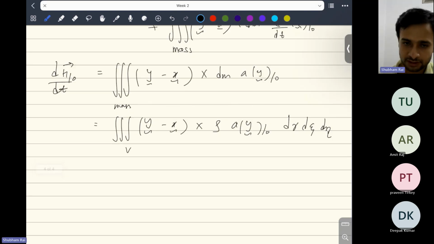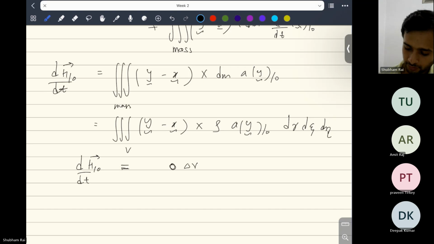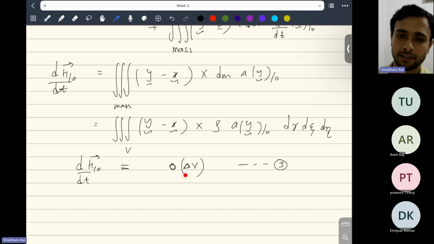If you solve this equation, which was done in the class, you will obtain that this will also be a function of higher order. Other terms will vanish, and this will contain higher order terms of delta V. Actually, if you integrate this equation, you will get that other terms will vanish.